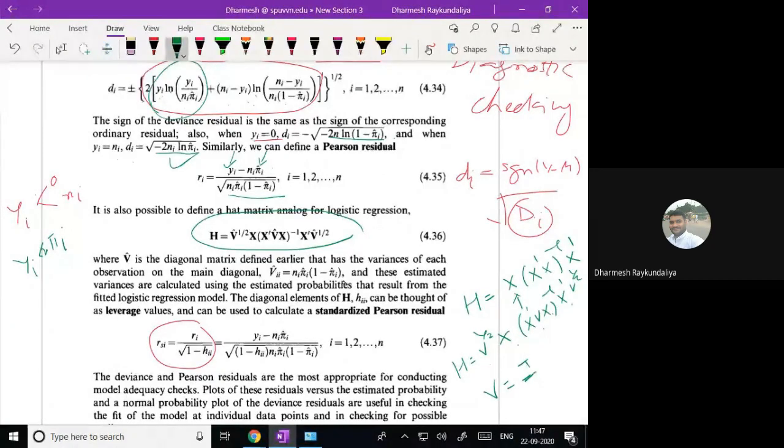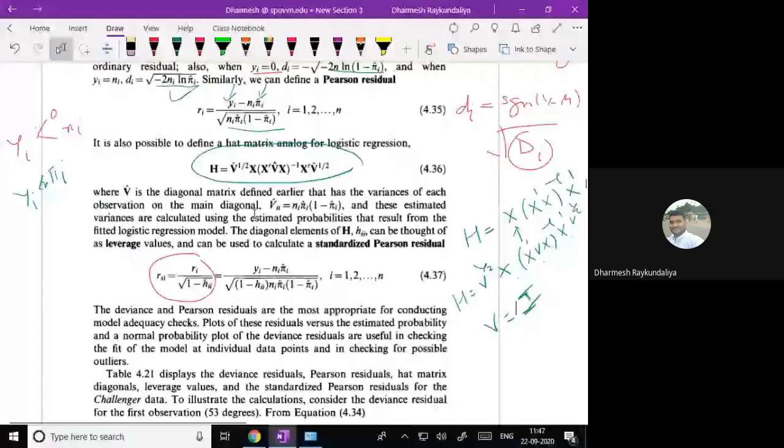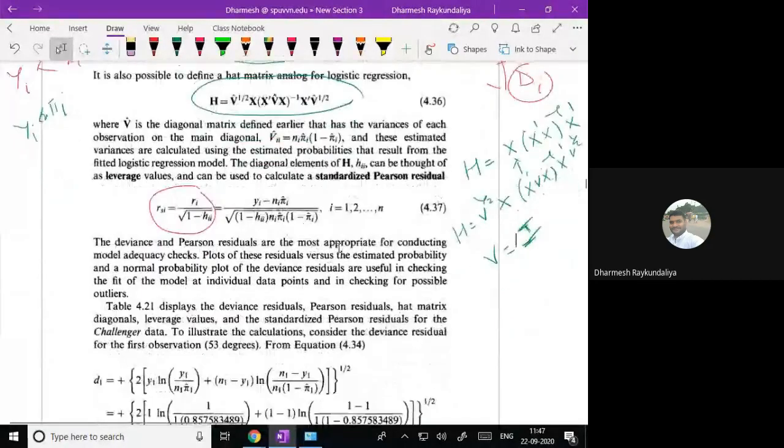Okay, so this is the hat matrix, and V is nothing but the variance covariance matrix, or you can say the variance function. So what was the variance of y? It is n pi (1 minus pi) in a binomial distribution.